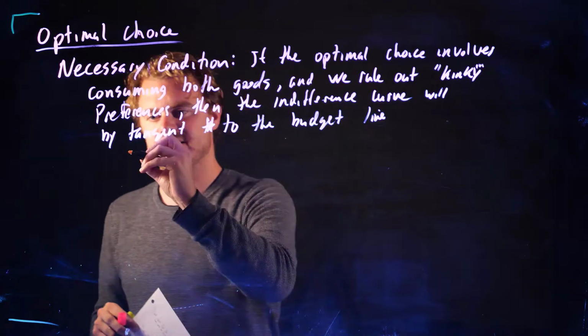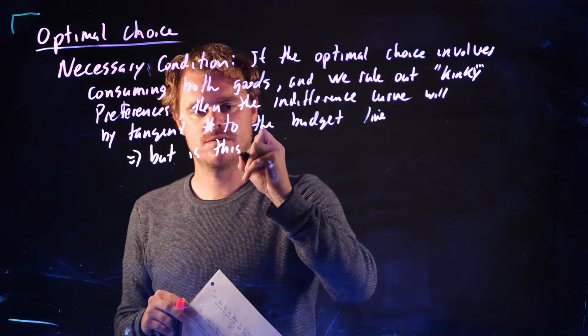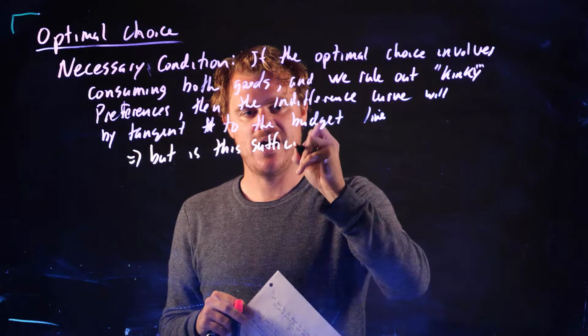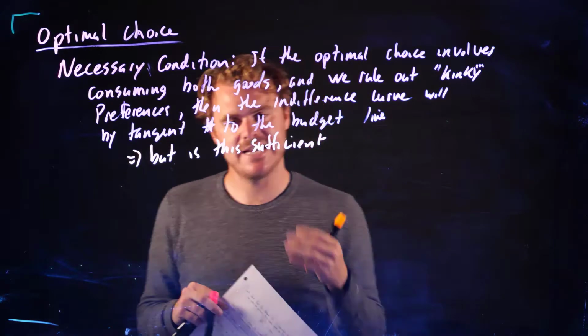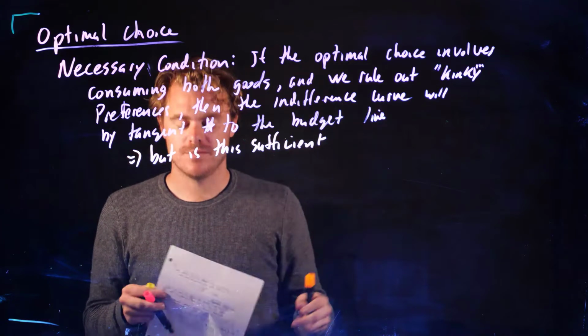But is this sufficient? So it's necessary, but is it sufficient? I.e., if we know that we have a tangency, does that make it the optimal? That's what we're trying to say.